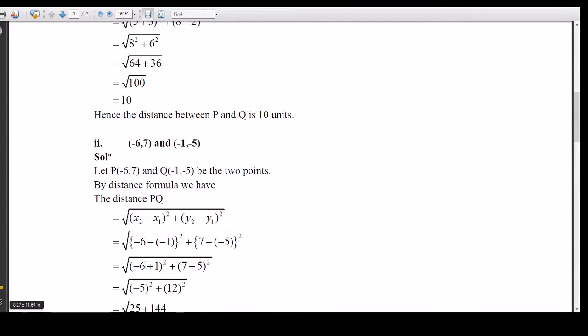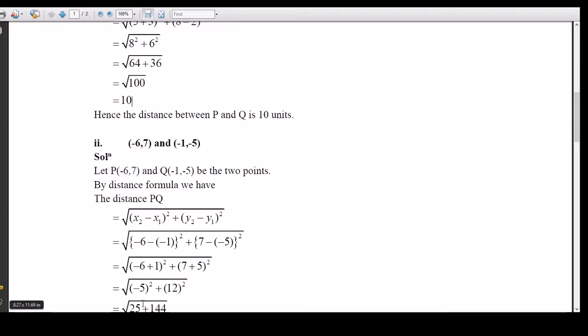Now minus 6 plus 1: plus and minus gives minus. 6 minus 1 is 5, and the minus sign is greater. Therefore we will have minus 5 squared plus 7 plus 5 is 12, 12 squared. But minus 5 squared is how much? Minus multiplied by minus is plus, isn't it? 5 multiplied by 5 is 25.